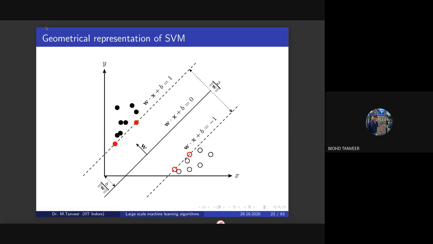If they are very close, it could not be the best separation. You can draw a line in the middle, but it could not be the better separation. A better separation will be the one with more distance between these two. So essentially the concept here is that we have to maximize this distance between these two classes.